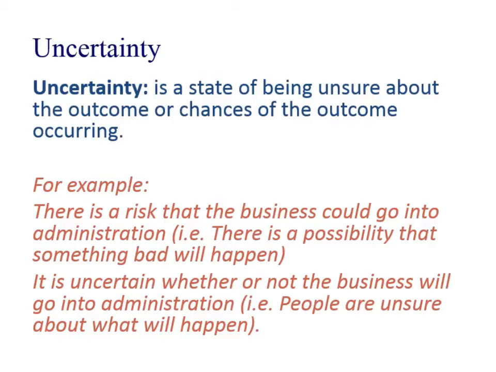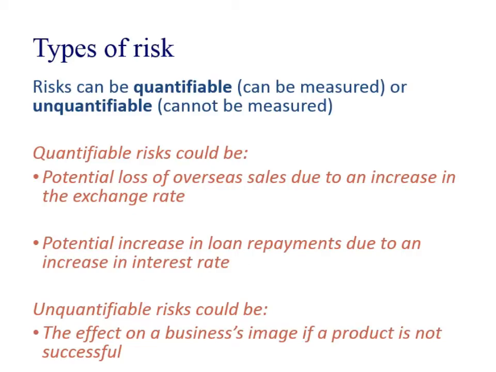You have a feeling that it wouldn't be good, but you're not too sure how bad it would actually be. So risk and uncertainty are two connected items, but slightly different. As I've just said, risk can be quantifiable, so that they can be measured, or unquantifiable.